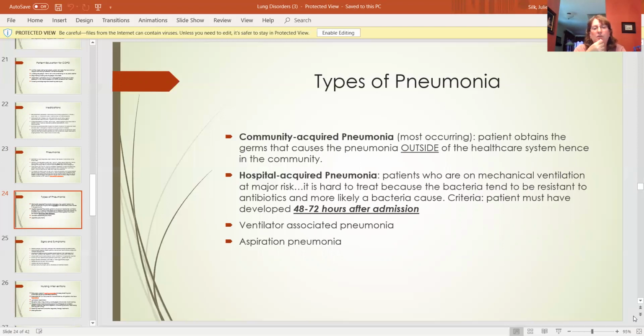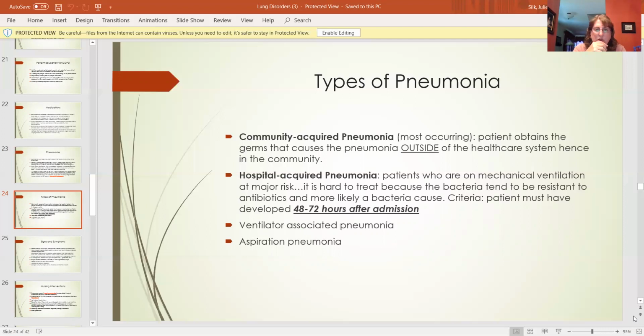And the problem is the longer it's in, the more chance you get for this, because bacteria can develop in your mouth and transfer to that tube and then go down and cause pneumonia. So that's ventilator-assisted pneumonia. Typically they say if you give really good mouth care to people who are on ventilators, that helps a lot. And anymore, we try to get people off the ventilator very quickly. We don't leave them on there for very long if we can help it.